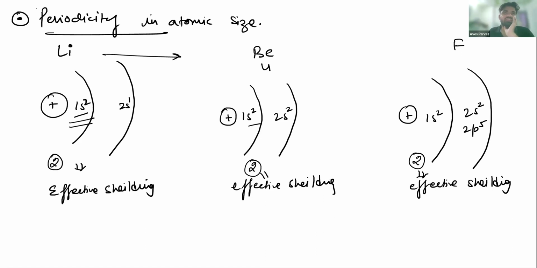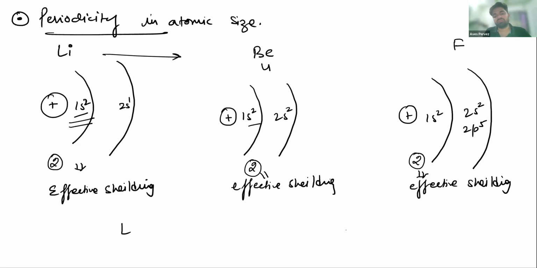Since the number of shells remains constant, they will be neglected. So the effective shielding is constant and the number of shells is also constant. Then what is making the size decrease?